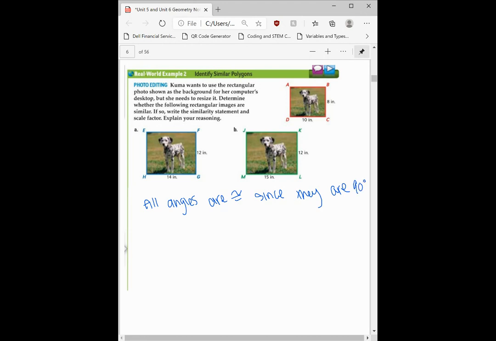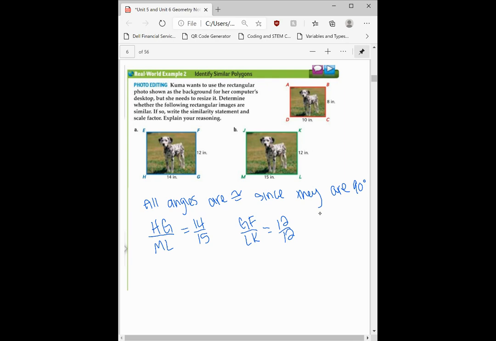Now we have to compare the corresponding sides. So we have HG over ML, which is 14 over 15, and then GF over LK, which is 12 over 12.